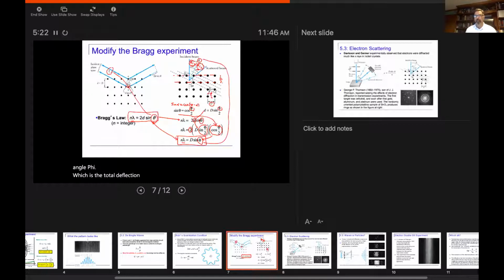I personally would have used phi over 2 myself, just to have the angle with respect to the normal. And it's using capital D, which is that dimension between the sides of the cube, as opposed to what Bragg uses, which is the actual distance in between the planes, which in this diagram is exactly the same.